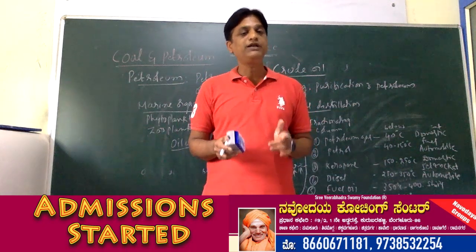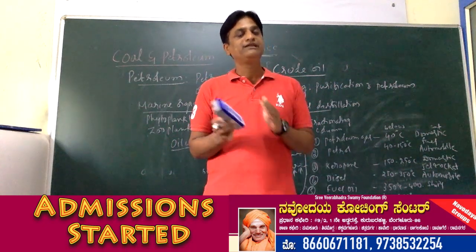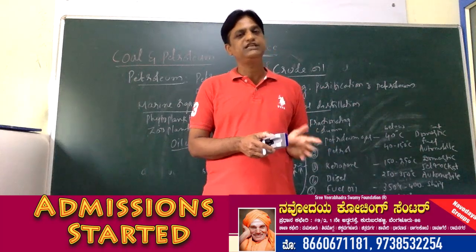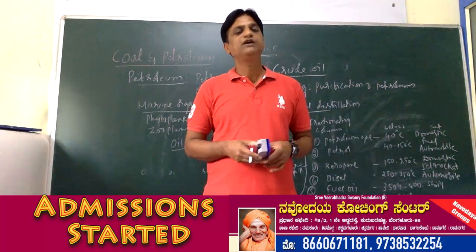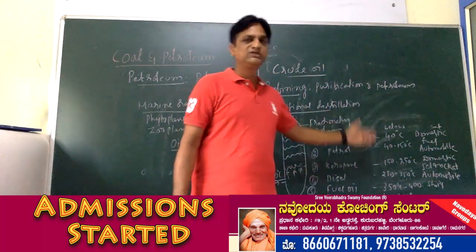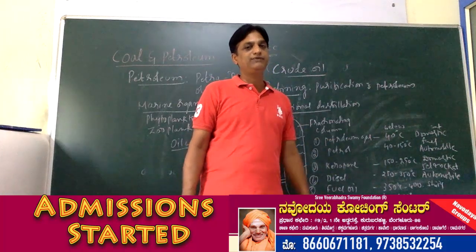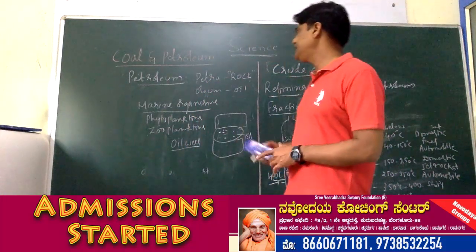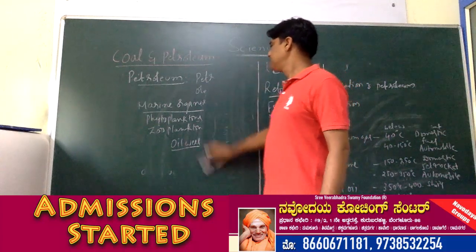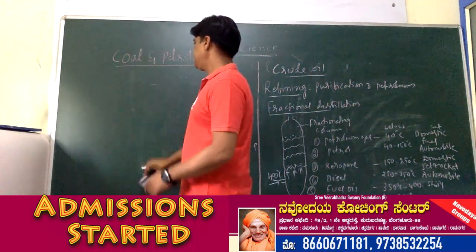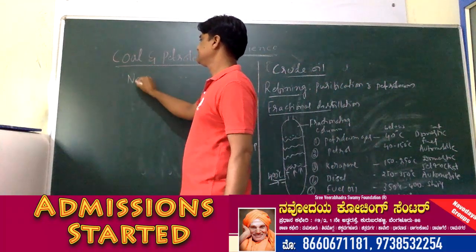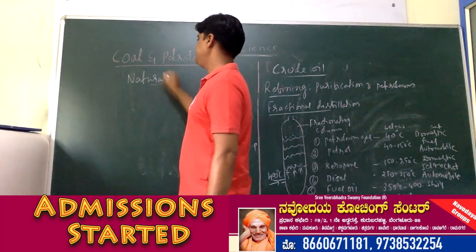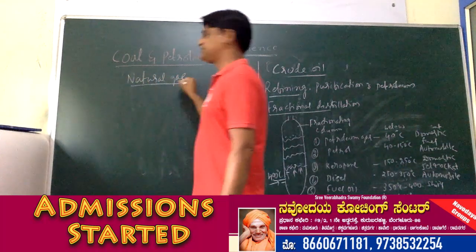So different components present in petroleum can be obtained by fractional distillation and used for different purposes. This is one point I have to remember. And then another important fossil fuel is called natural gas.